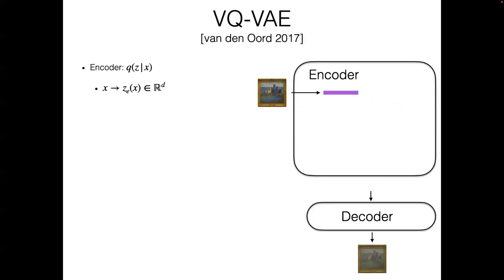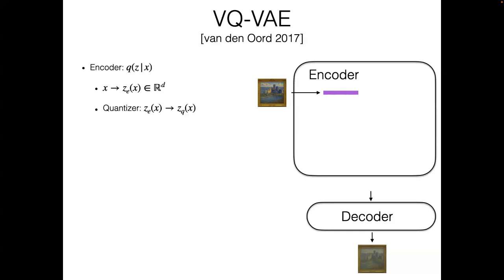Here you again have an encoder and you go from, say, an image. Here we're just going to consider vectors for a bit, then I'll show you what it looks like with a two-dimensional latent space. So we go from our input x to this vector.